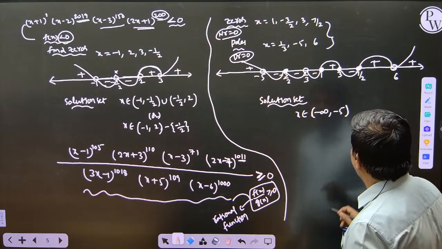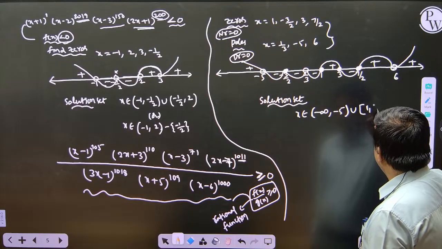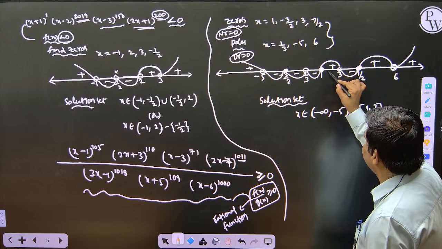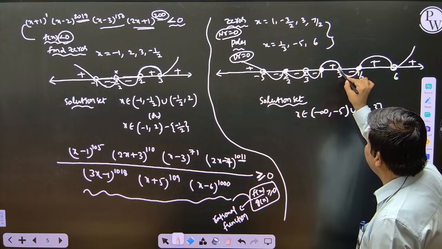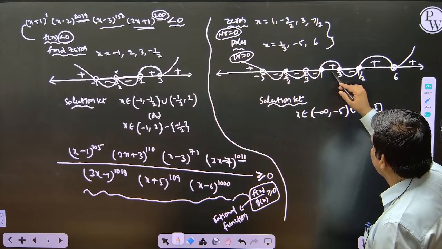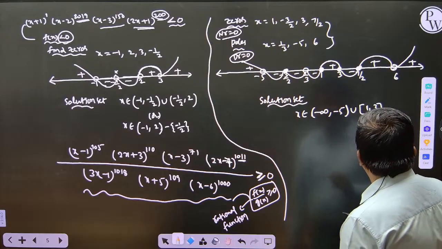Next, union 1 to 3, closed, since zeros are included.